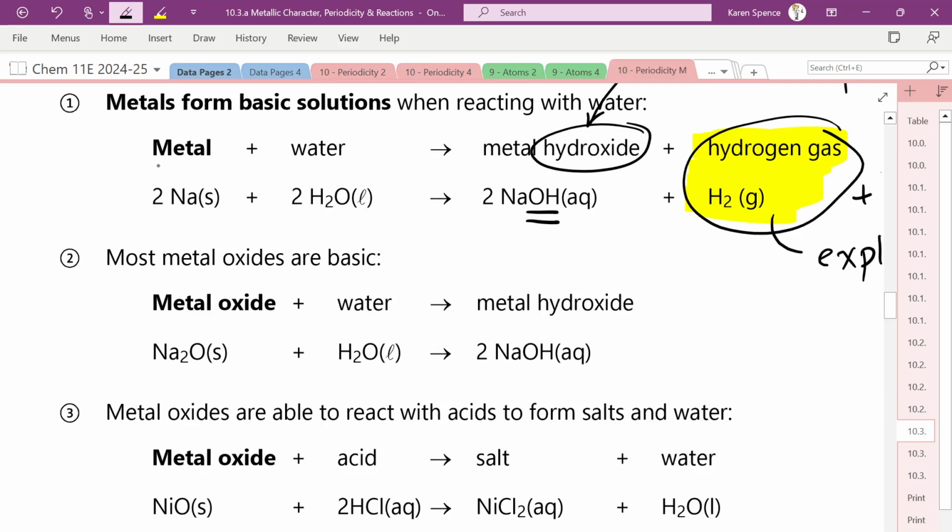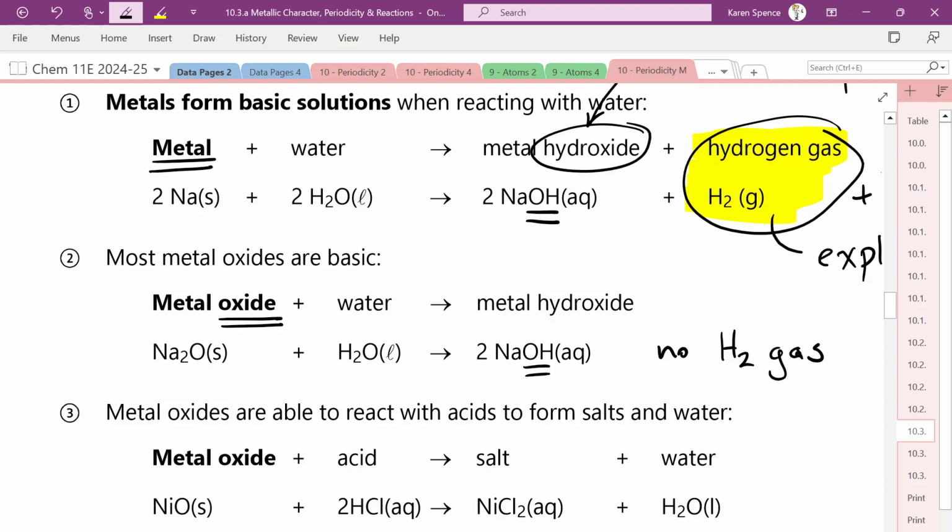So we have metals. We have metal oxides. And metal oxides, guess what they also form? They form a base, but there's no hydrogen gas.